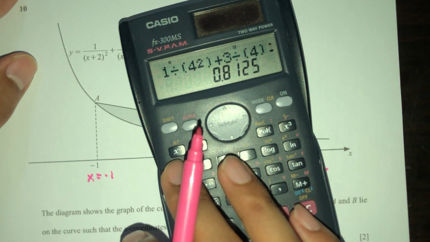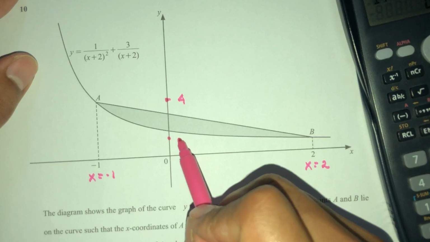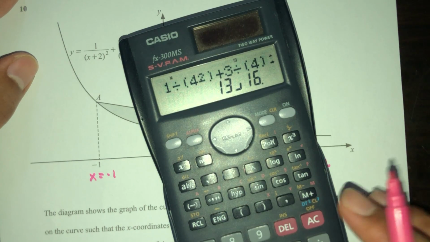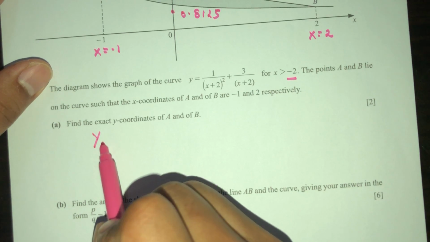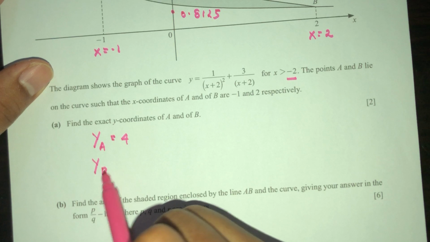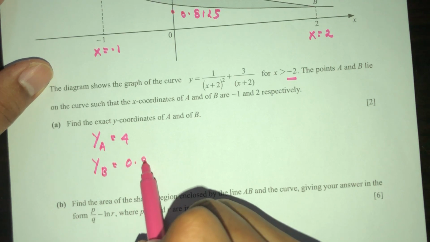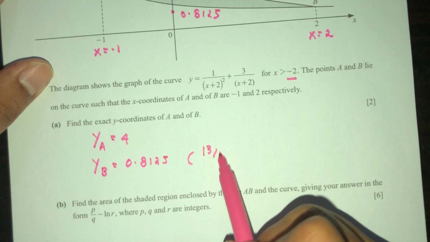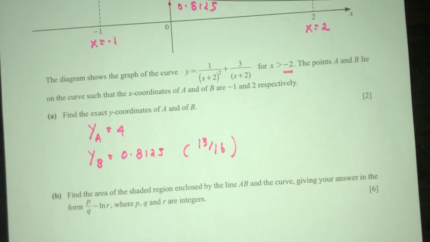You can write this in terms of decimal, 0.8125. Up to you. Or you can use fraction as well. That will be 13 over 16. So the y coordinate of A will be 4. And the y coordinate of B could be 0.8125. Or you can write 13 over 16. Up to you. Your choice.